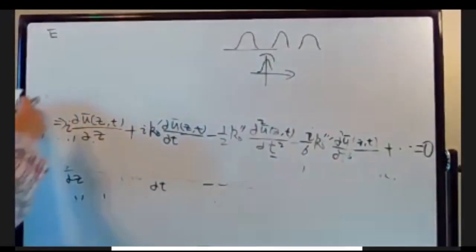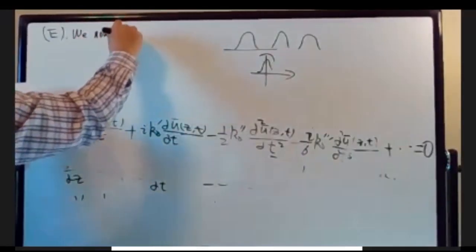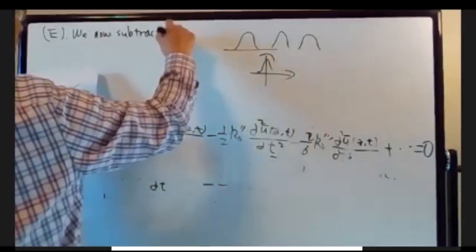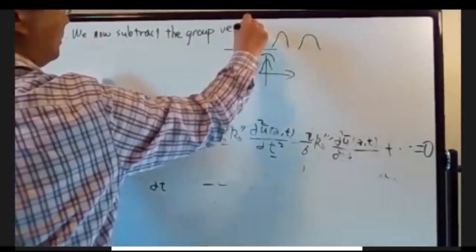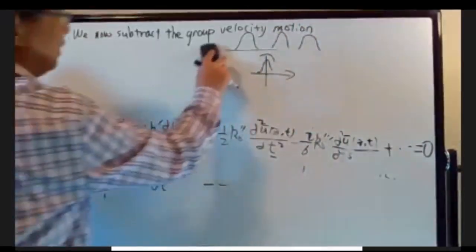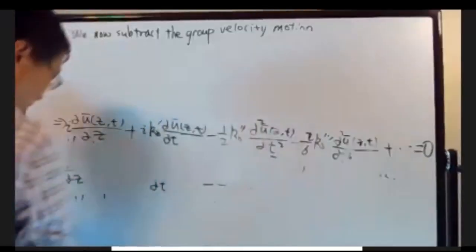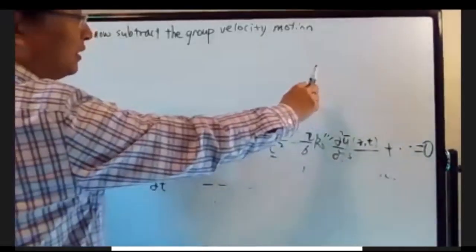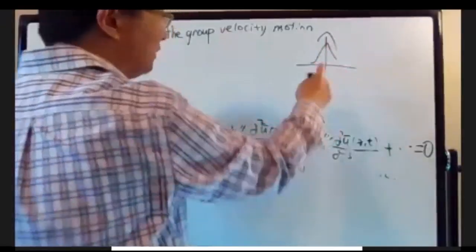So let's say we now subtract the group velocity motion, meaning that it's actually propagating, but on my screen, I don't want to see it propagate. I want this to stay in my monitor, in my code.